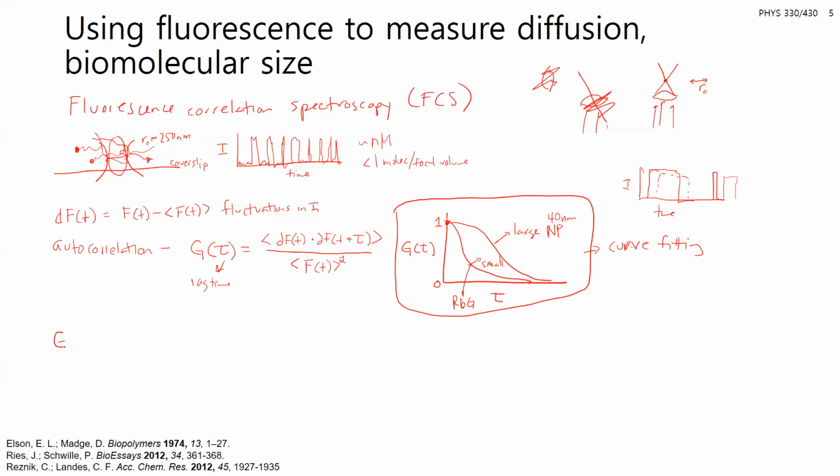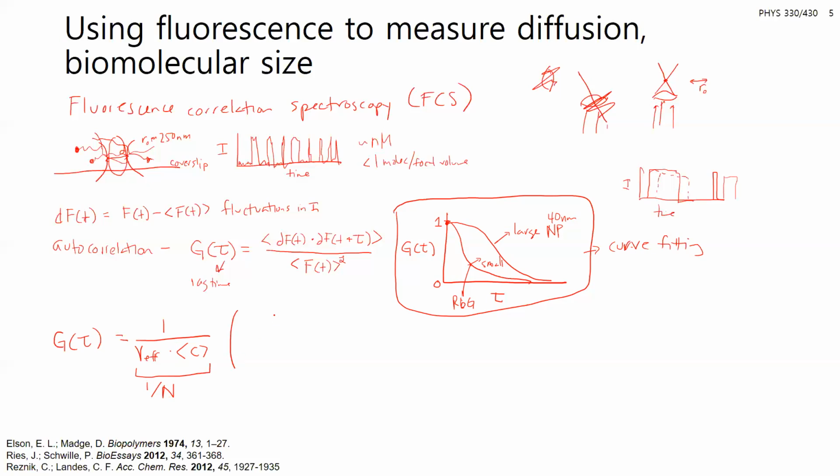So for FCS, the curve you fit to the autocorrelation curve is 1 over the effective focal volume times your concentration of your molecules. So this is the number of molecules. This entire first term is 1 over the number of molecules on average that are in your solution.